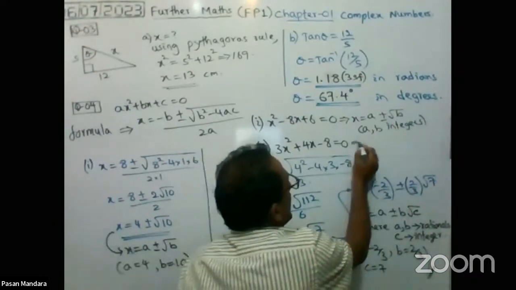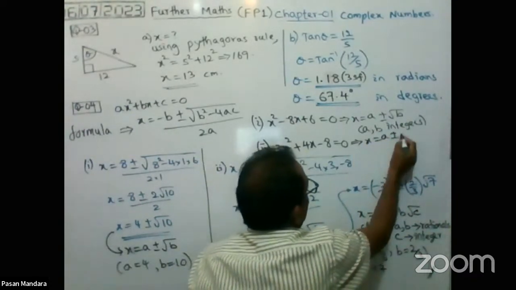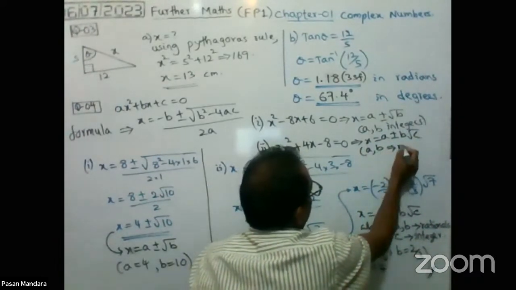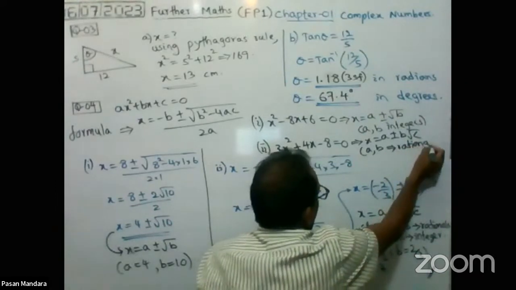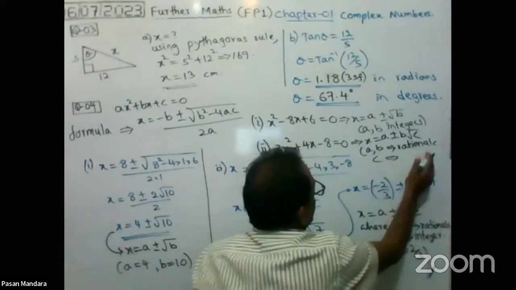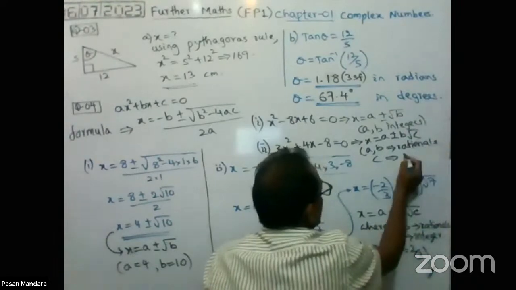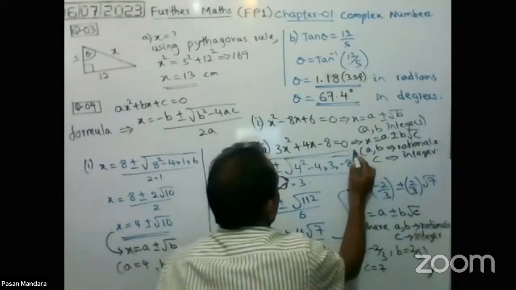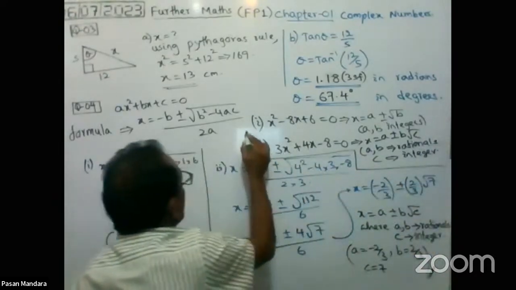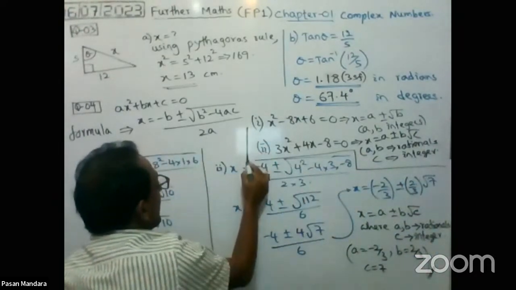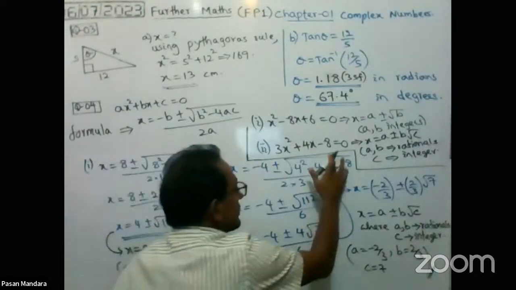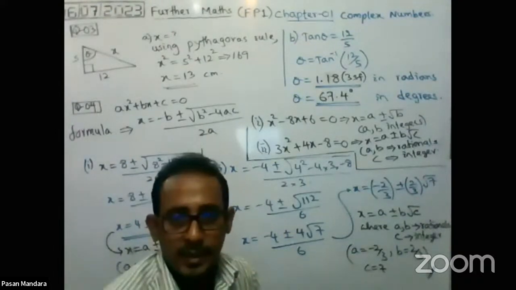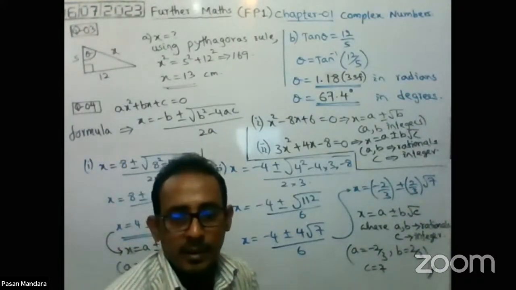So this I'm going to propose A and B rationals, C integer. Okay. Idea got, no? Right. Yes.